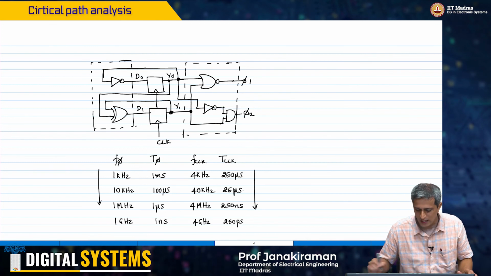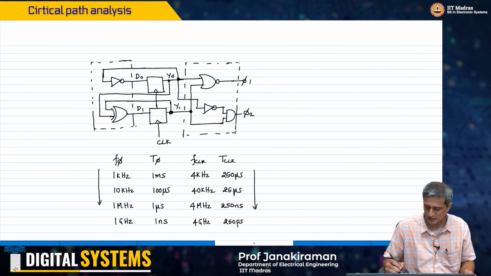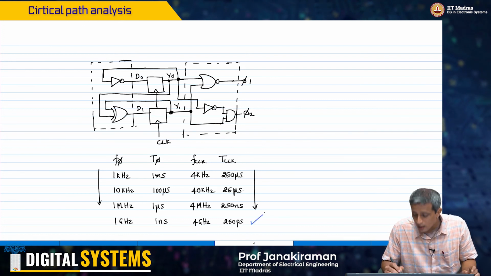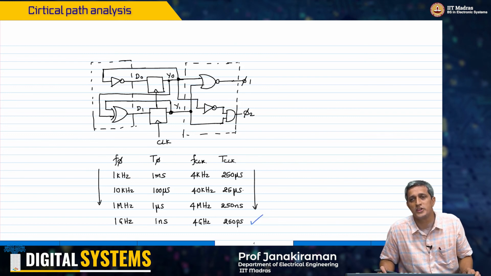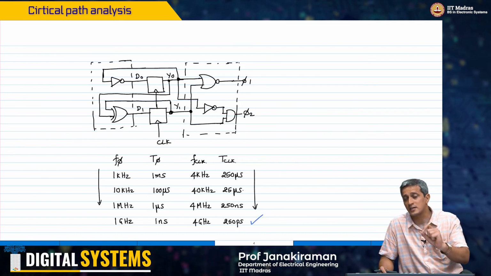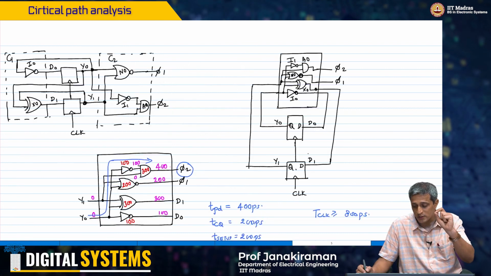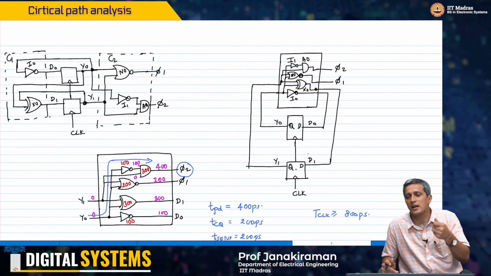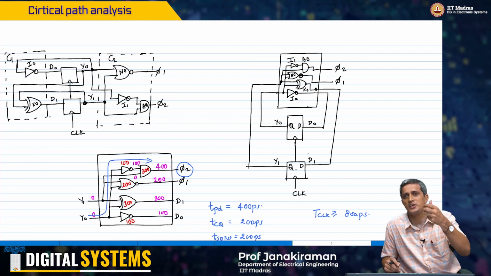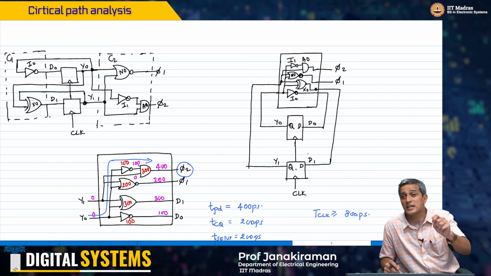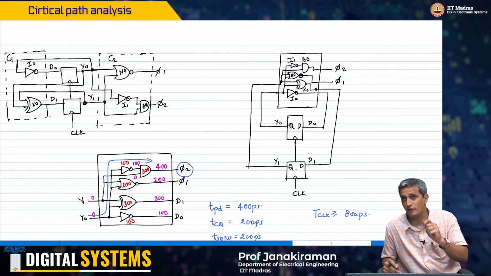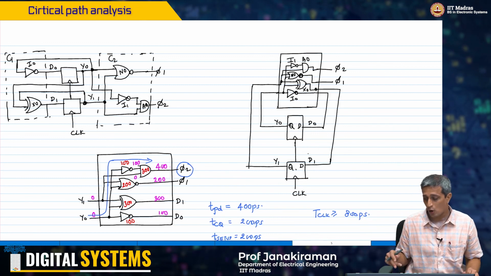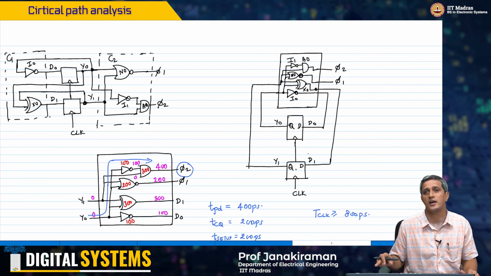That's why when you came to 1 gigahertz and wanted to generate phi 1 and phi 2 using this synchronous sequential circuit, you simply cannot. This is a limitation of sequential circuits. The clock frequency is limited by how fast you can make it operate, but there are circumstances where we need to generate clocks which are faster than the master clock that we are giving to this synchronous sequential circuit. Remember, this circuit can operate at a clock period greater than 800 picoseconds.